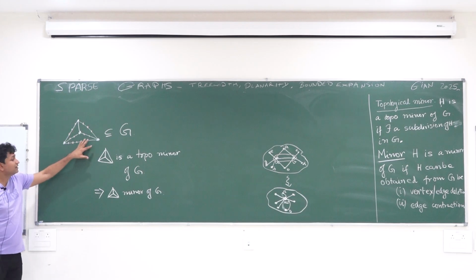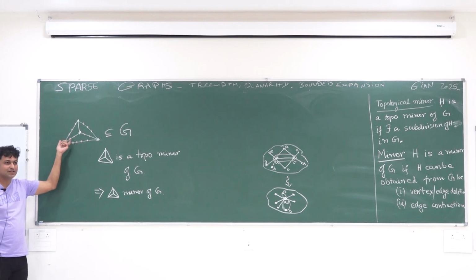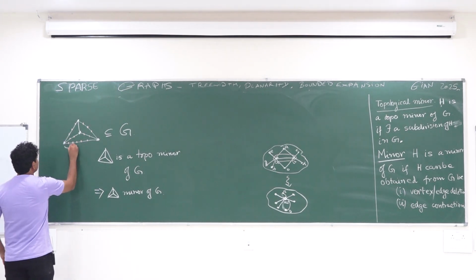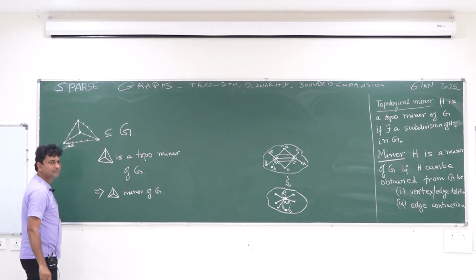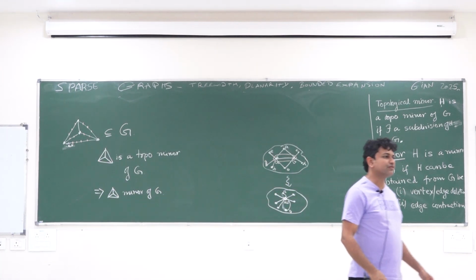You delete everything from G other than this subdivision. And then you keep contracting the edges. If you contract this edge, this will be gone, and one by one you can get rid of all the residual vertices and get a minor.